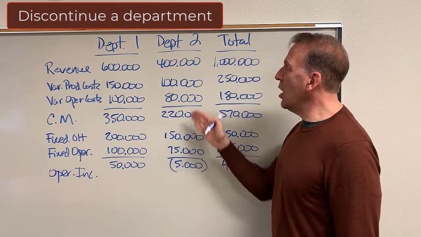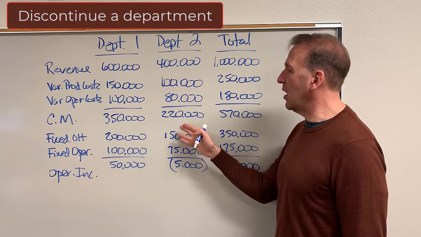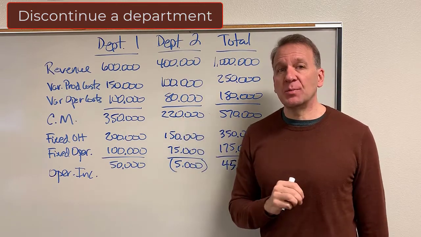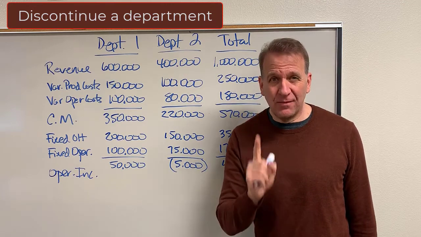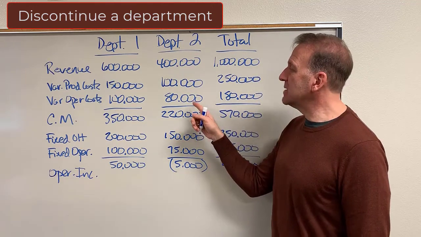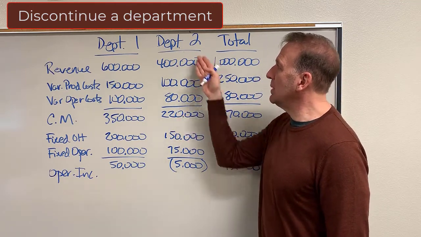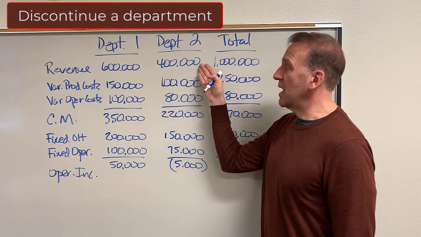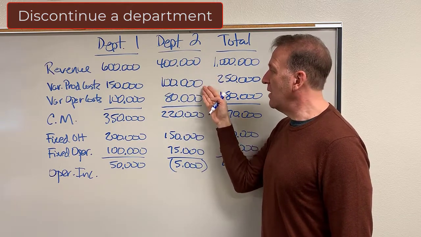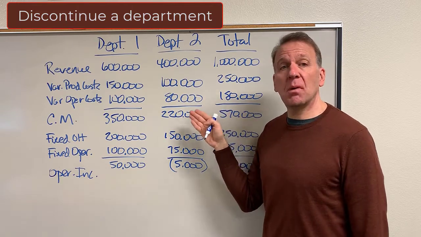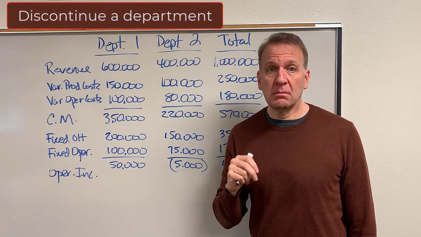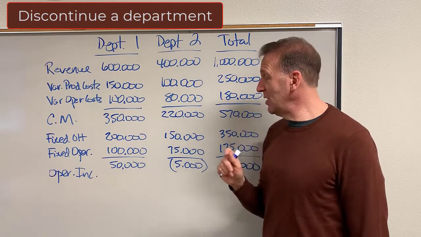What's important to note with Department 2, first of all, is that we do have a positive contribution margin. That's very important, because if we get rid of Department 2, sales will go away, and these costs will go away, so my contribution margin would go away. Okay, that's important to know.